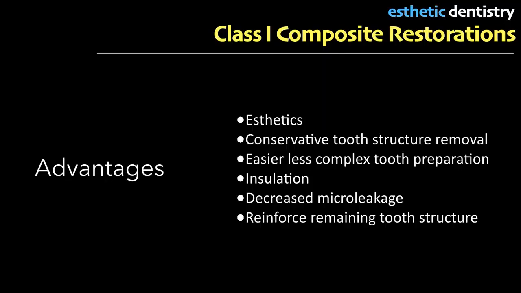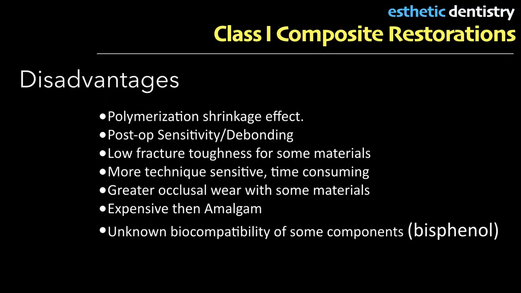The disadvantages are mostly related to the material, or if you are not using a recommended material, there is greater localized wear. If you are not using it in the described manner, there will be some polymerization shrinkage effects.